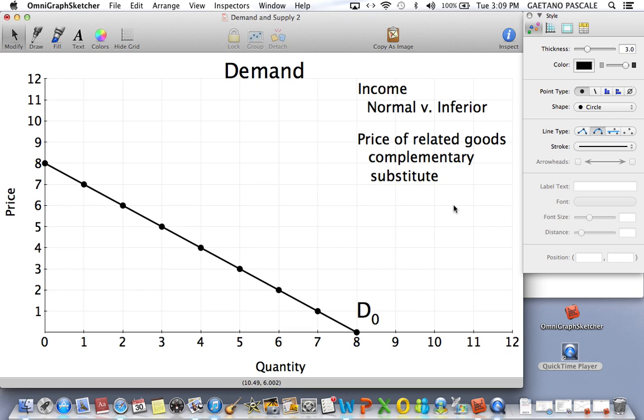So, not only does income impact demand, but the price of related goods. And you need to know if they are complementary or substitute goods.